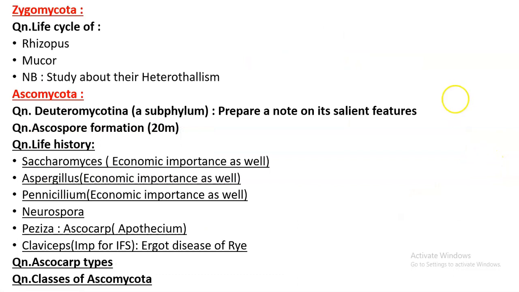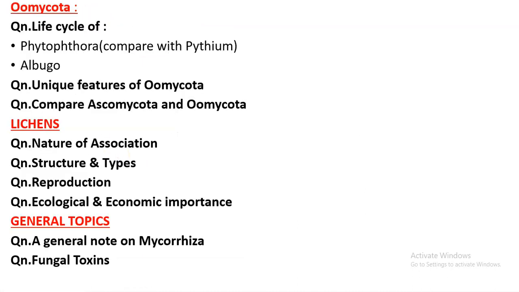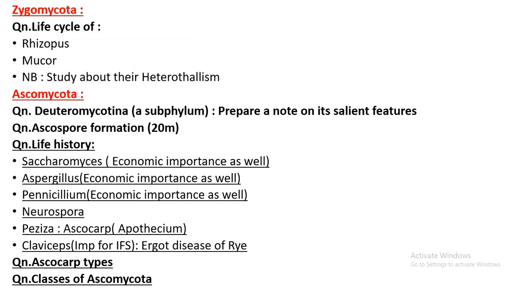So let me remind you one thing. From this lecture to the upcoming lectures till we finish the fungi, I'll show you these 3 slides, because this reminds you that you need to cover all these topics to completely finish the fungi in entirety.